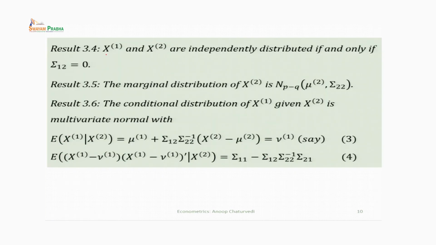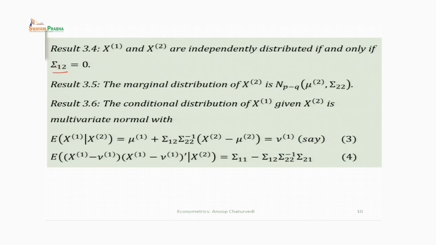Then x 1 and x 2 are independently distributed if and only if sigma 1 2 is equal to 0. Actually, if you look at different elements of sigma 1 2, the different elements of sigma 1 2 give you the covariances between different elements of x 1 and x 2.